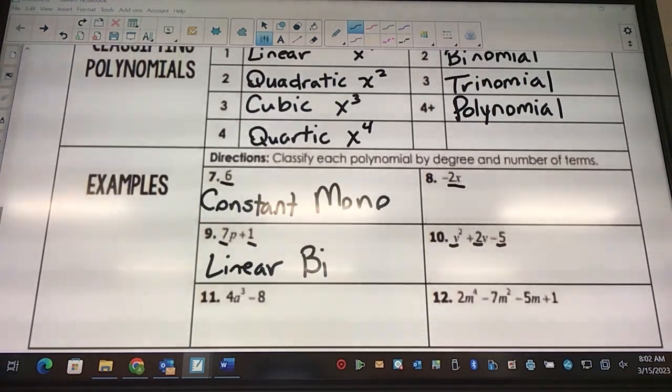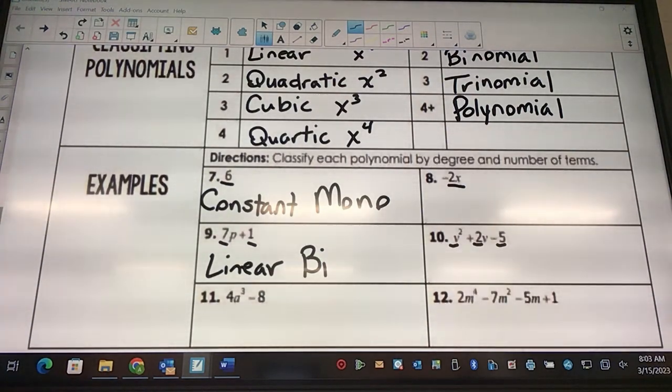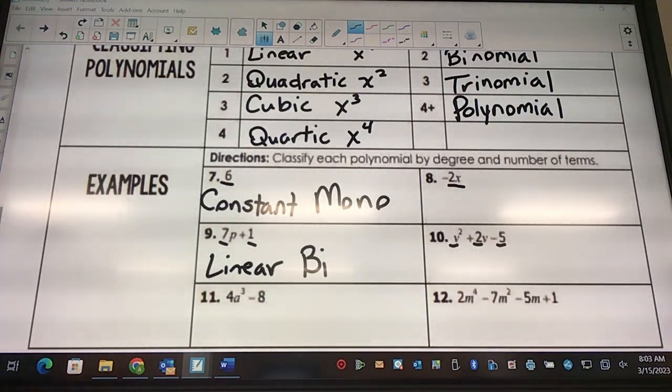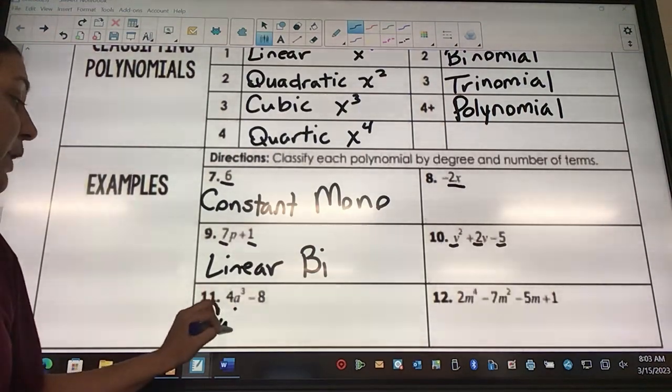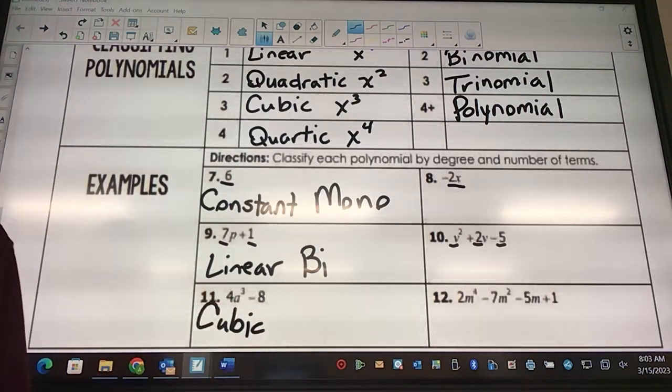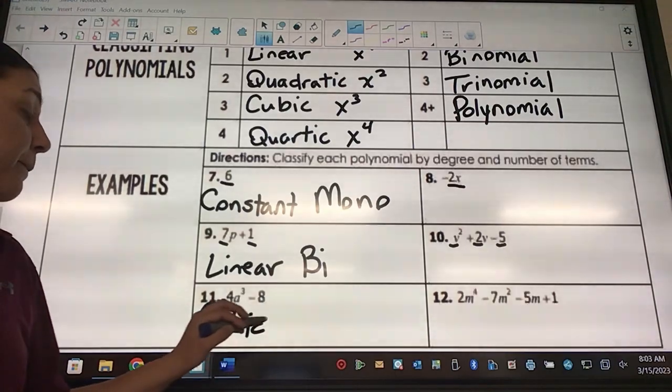Okay, 11. What's the highest exponent? 3. And so that's going to be a cubic. How many pieces are there? 2, so it's going to be a binomial.